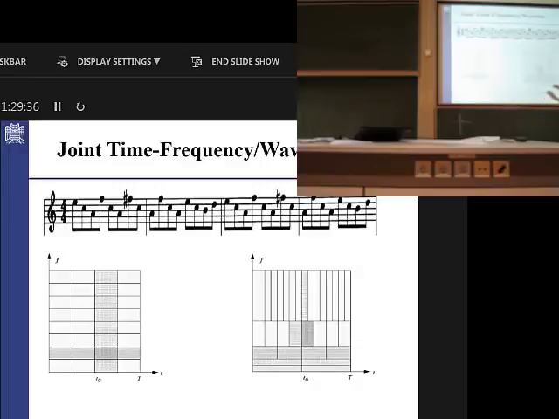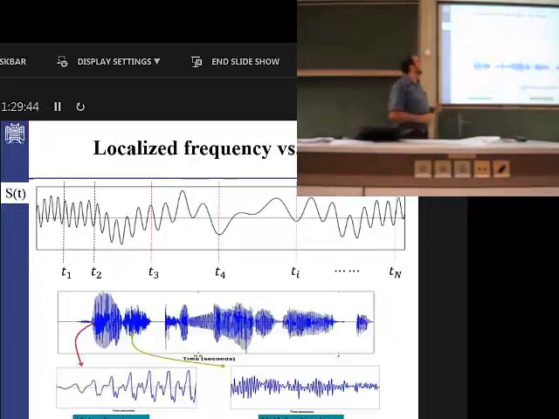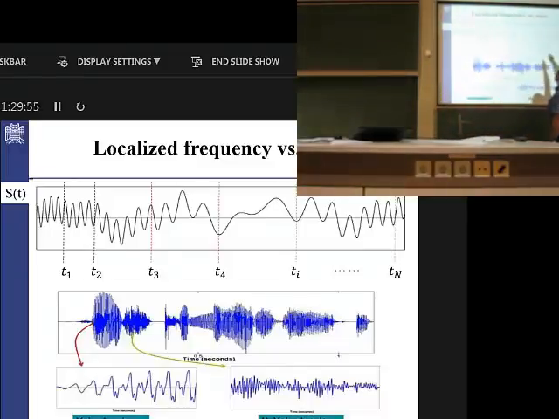If I want to get the information for the lowest frequency of this signal, over the entire signal, that comes from the beginning to the end.